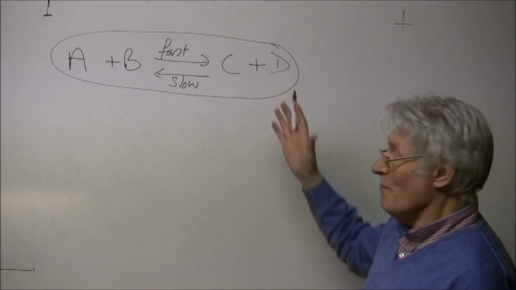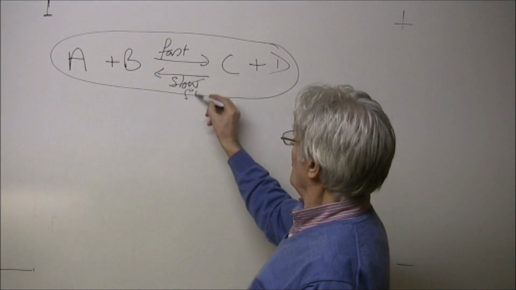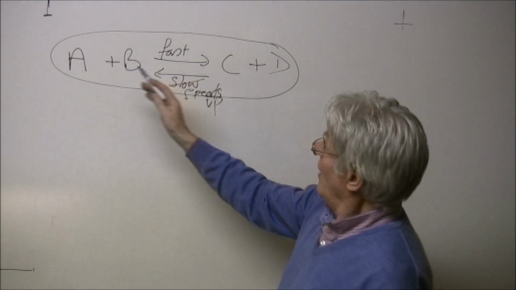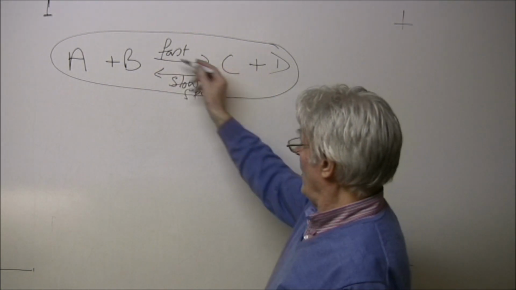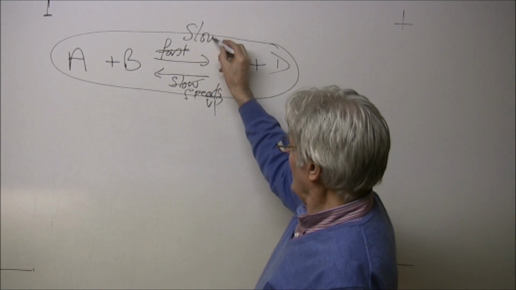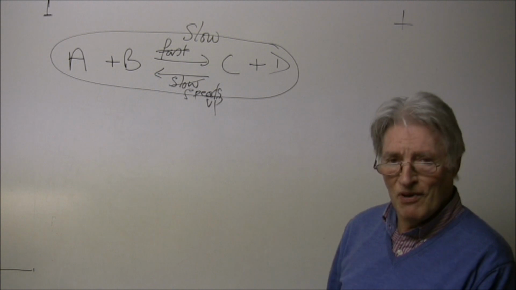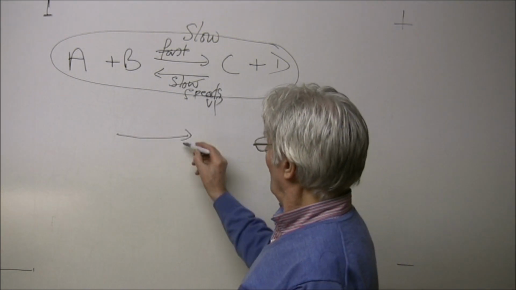But as C and D build up in quantity, this reaction speeds up. And because A and B are reacting and therefore diminishing in quantity, the forward reaction slows. Now, if we leave these substances in a closed system, eventually the rates of reaction in each direction will become equal.